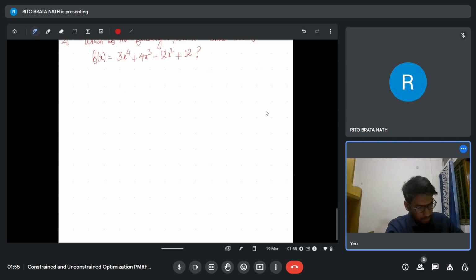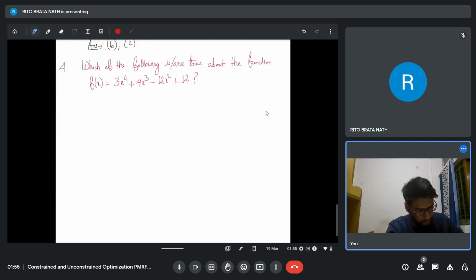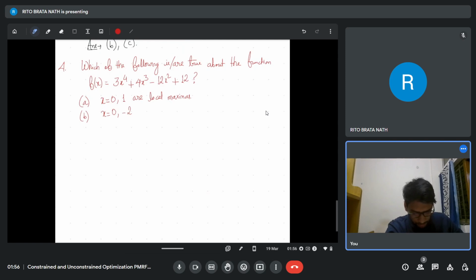Okay, so the options are: option A is x equals 0 and 1 are local maximas. Option B is x equals 0 and minus 2 are local maximas.